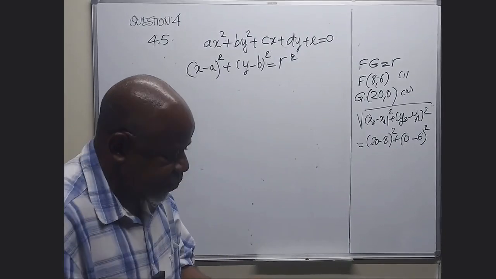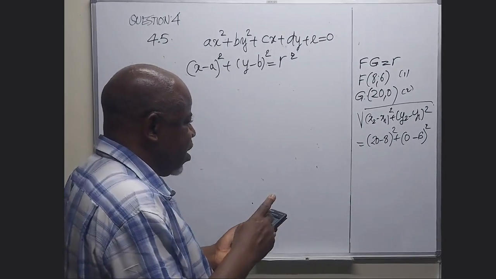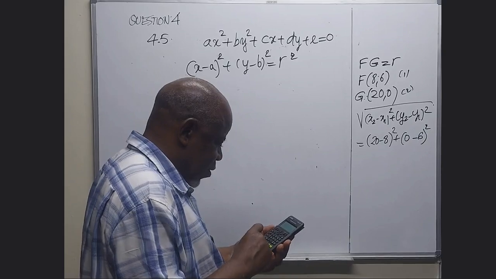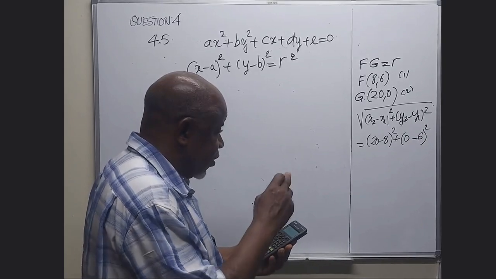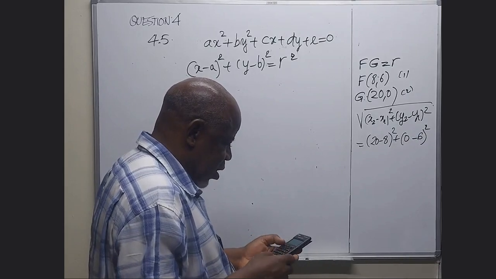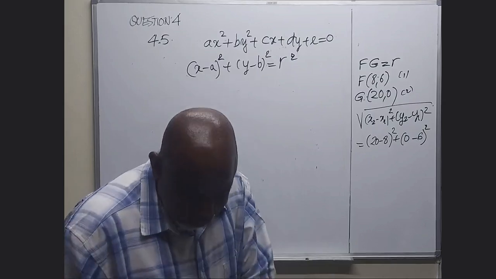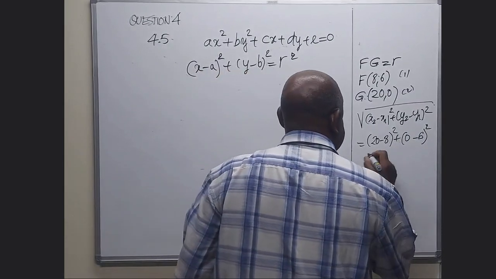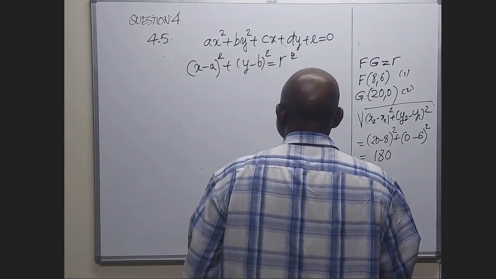So it will be 20 minus 8, we're getting 12. 12 squared plus 6 squared, 36. Then we get 180. So the radius squared here will be 180.